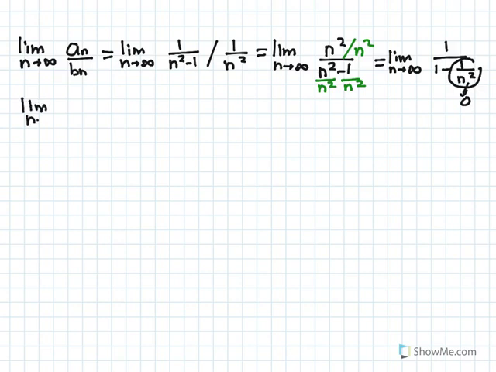The limit as n approaches infinity of a sub n divided by b sub n is equal to 1, which is greater than 0.